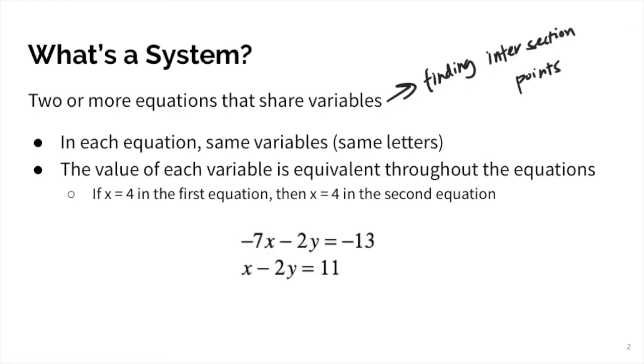So for each of these equations over here, we can actually graph them, so we can visually represent them on a graph. And when we solve the system, the intersection points of those two curves, of those two lines, would actually be our solutions to our system. So whenever we're solving a system, we are finding intersection points. Solutions and intersection points for a system are equivalent terms.